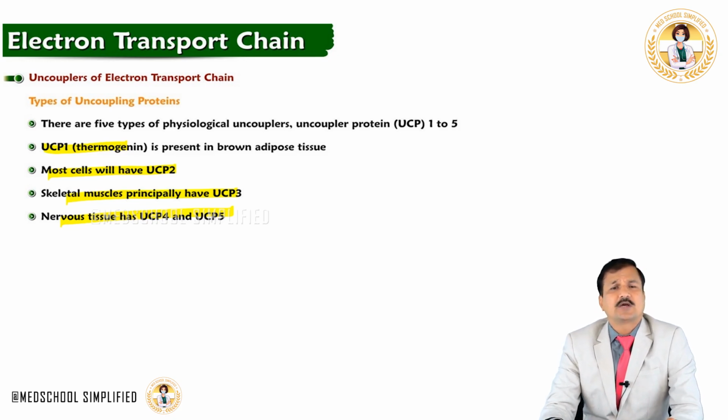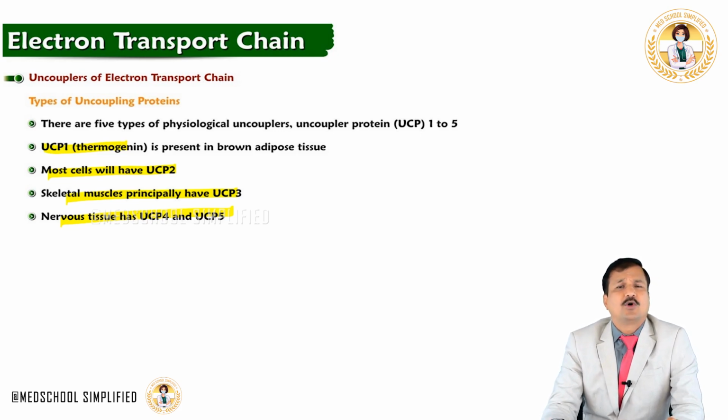Genetically, some people express more uncoupling proteins in their tissues, and that's why they need more food to make the same number of ATPs, and that indirectly helps them not to gain weight, because they burn most of the foodstuff that they are eating.